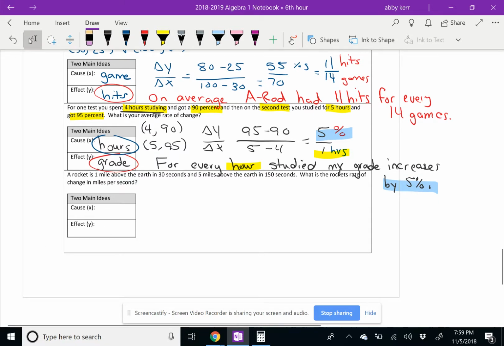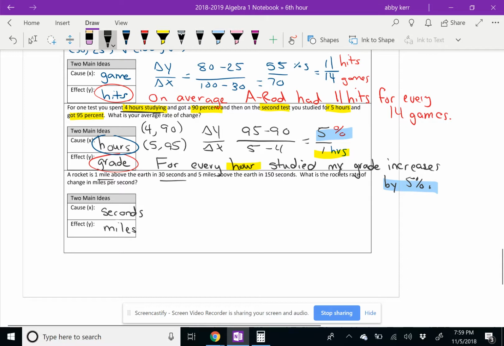Now the fourth one, it said a rocket is a mile above the Earth in 30 seconds and 5 miles above the Earth in 150 seconds. What is the rocket's rate of change? So do the miles cause the seconds, or do the seconds cause the miles? So the seconds, in this case, is the cause, and then the y is your miles.